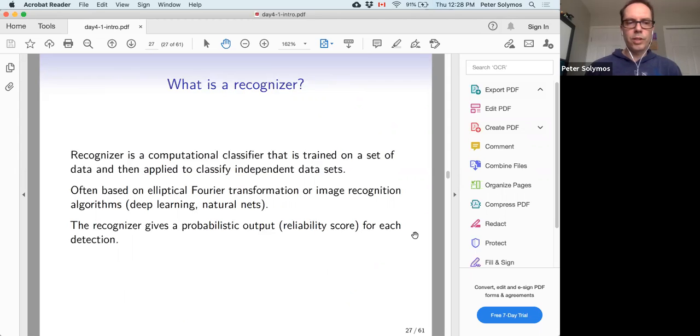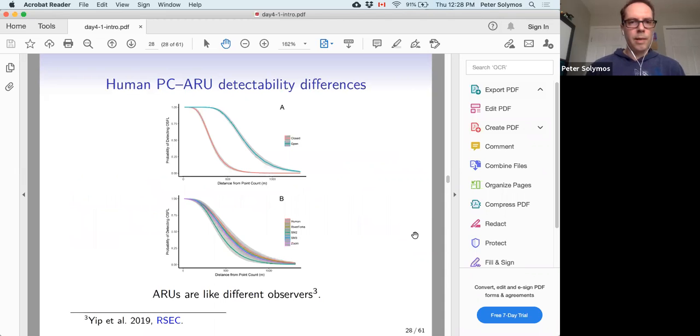And you can also not just take a human and recognize the species, you can build automated models to recognize based on sonograms. And then also, quickly, what is driving the difference between human and recordings? It is the area that they are sampling over, due to the sensitivity of ear versus recording.